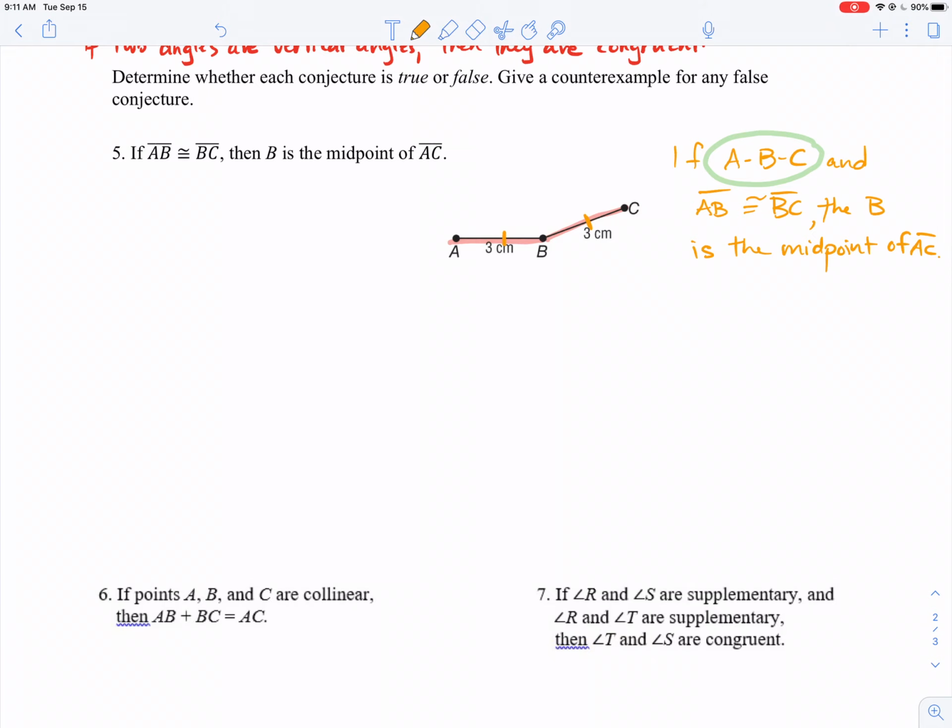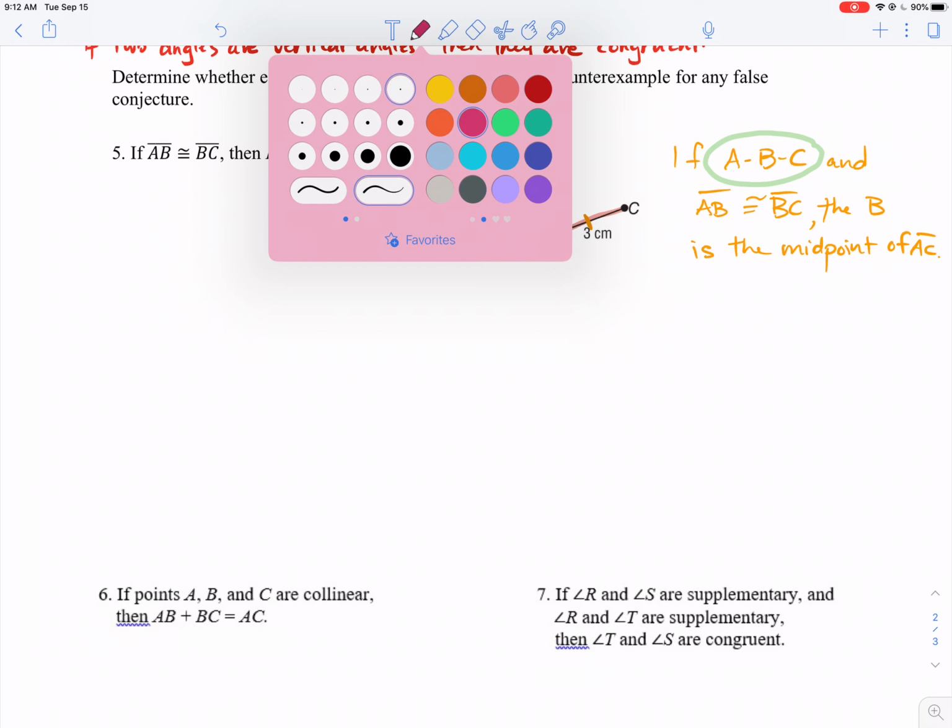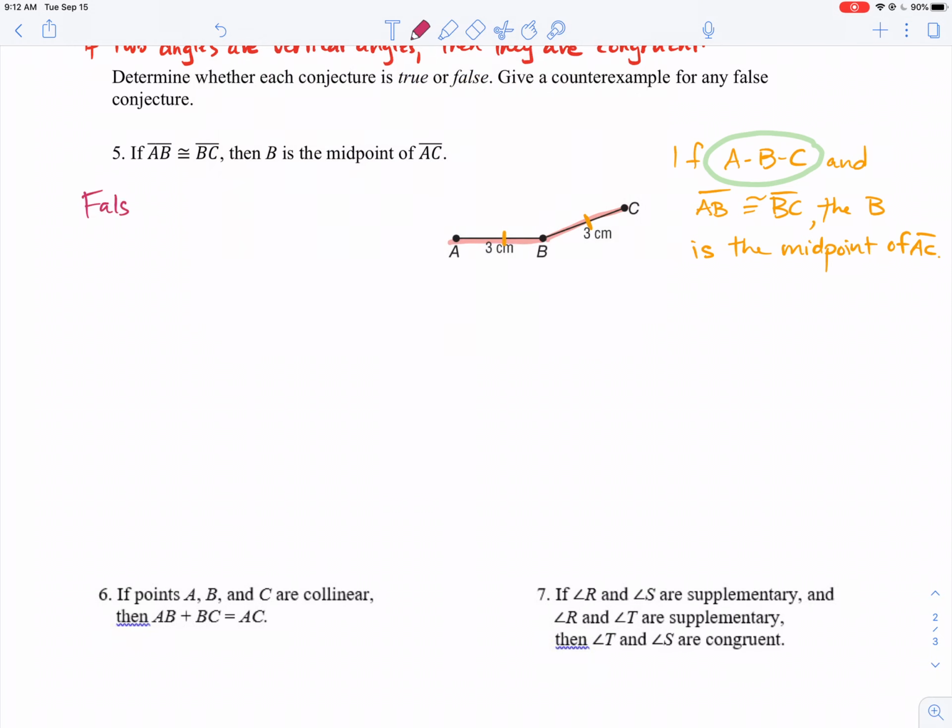So in this case, we're going to say that this conjecture is false. Point B is not on a segment AC, so it is not a midpoint.